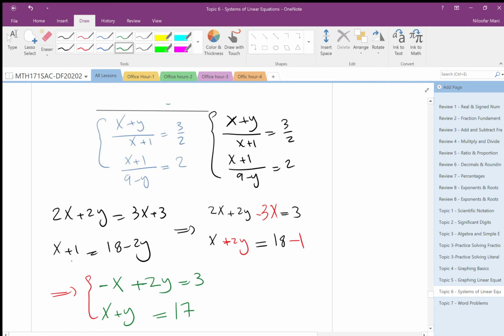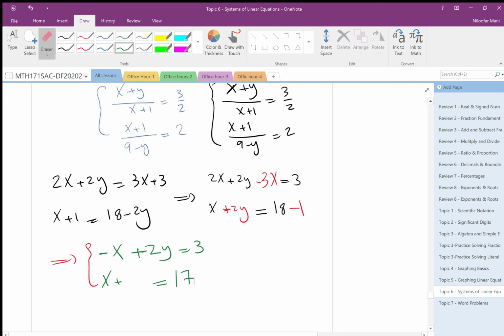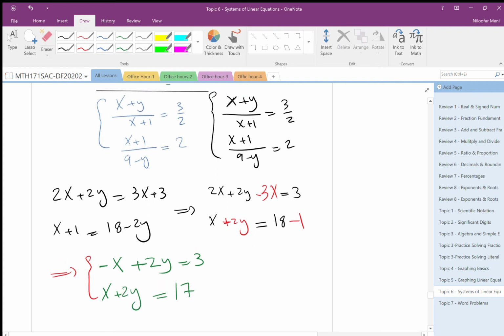And then x plus y is 18 minus 2y, and then I can say 2x plus 2y minus 3x is 3, and x plus 2y is 18 minus 1, and then I have, okay, I need 2y. Yes, I made a mistake here. I can see my mistake, so that's 2y, so I'm happy I got it.